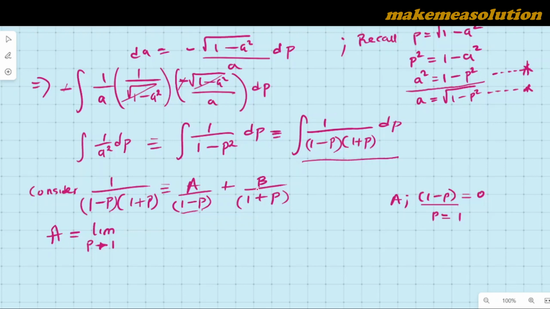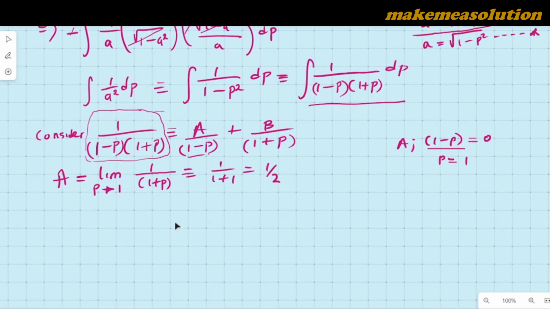Then you write the original fraction, except that you ignore the linear factor that is under A. So it's going to be 1 all over 1 plus p, because we have covered up 1 minus p. Now if you evaluate this, you get 1 over 1 plus 1, which is equal to 1 over 2. So this is just a summary of the cover up method.